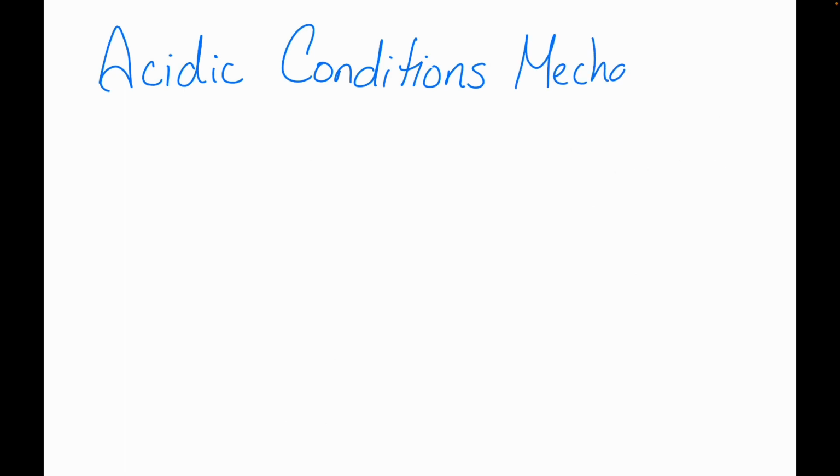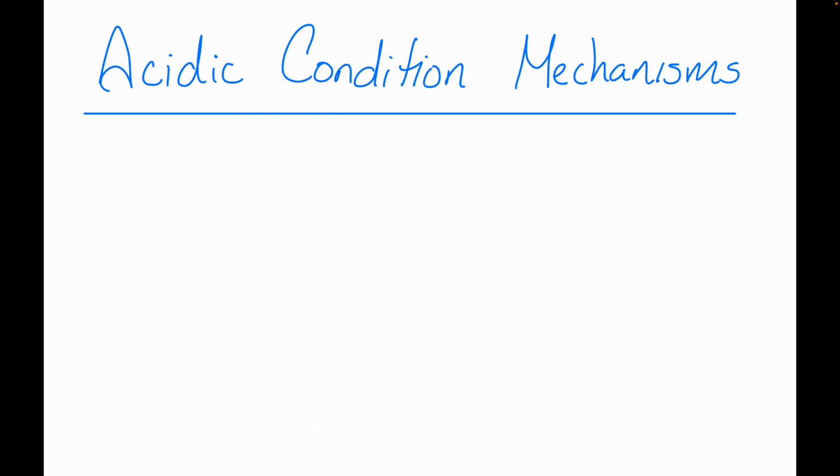Acidic condition mechanisms. So similar to before, like under basic conditions, the simple rule when you say that you have a mechanism under acidic conditions is you can't have any strong bases. A hydroxide ion is not going to survive under acidic conditions, right?